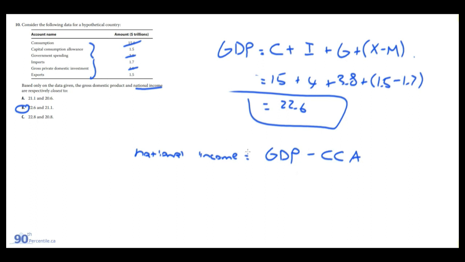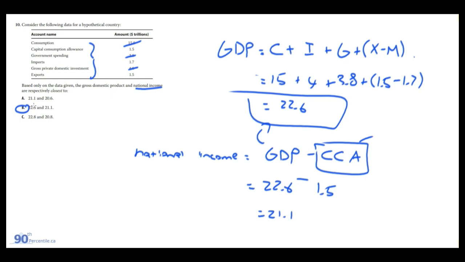National income is basically saying the income that's derived from all the different values of production or factors of production that are used to create your output. So we have to subtract how much that value depreciated. This is kind of a similar term to depreciation. So we can take the 22.6 that we just calculated minus 1.5, and we get 21.1, which is the same in our answer here.